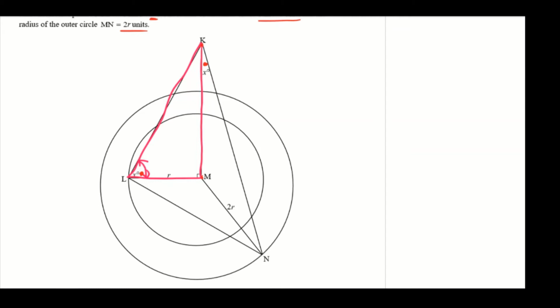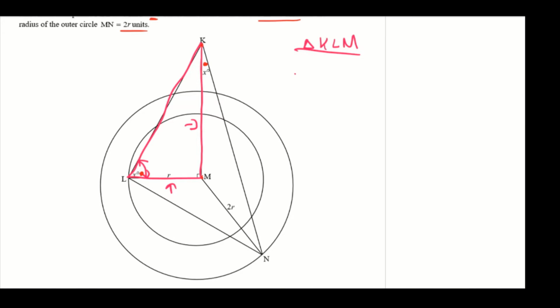So to write the expression using triangle KLM, the triangle that I just highlighted, the angle is x degrees, and this dimension of KM we don't have, this dimension of LM we have.